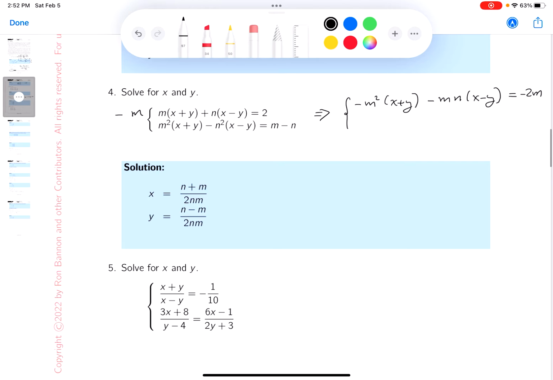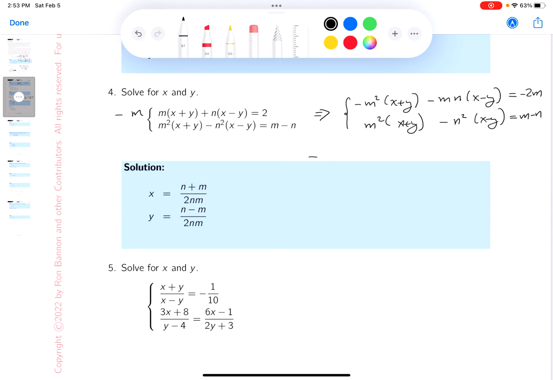And the bottom equation, what do you get? Not doing much with it. It's m squared (x plus y) minus n squared (x minus y) equals m minus n. Well, if you add that together, it's not a bad thing to add together, so I'll do that for you.